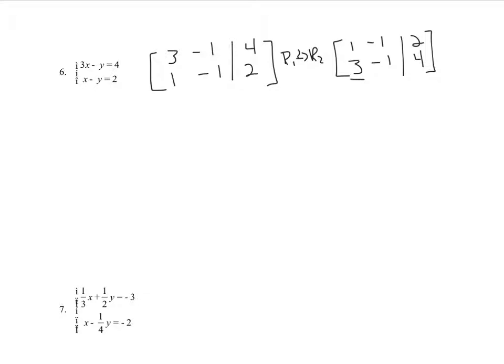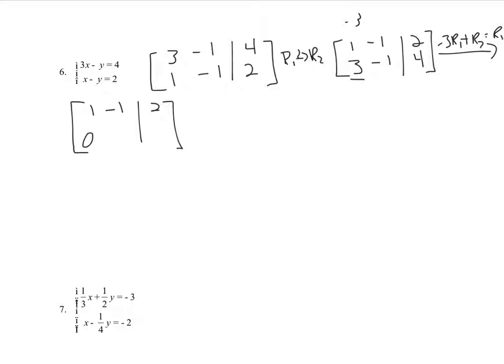So I'm going to multiply negative 3 times row 1 and add it to row 2 to get my new row 2. All right. Top row will not change. 1, negative 1, 2. But for the bottom row, I'm going to multiply negative 3 times 1. That's a negative 3, and negative 3 plus 3 is 0.